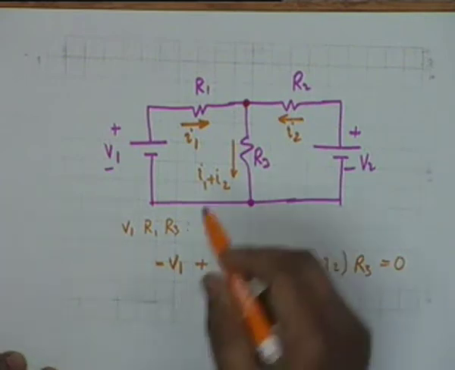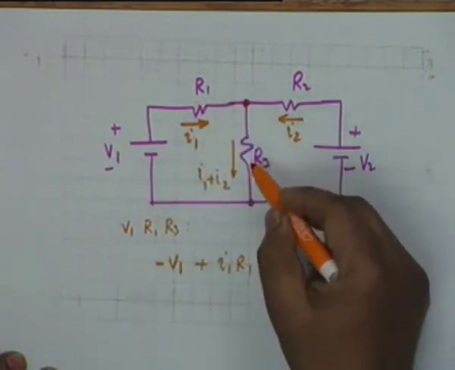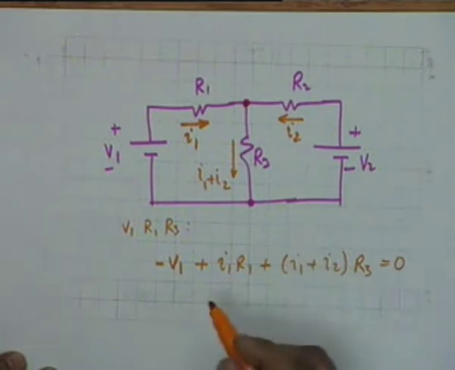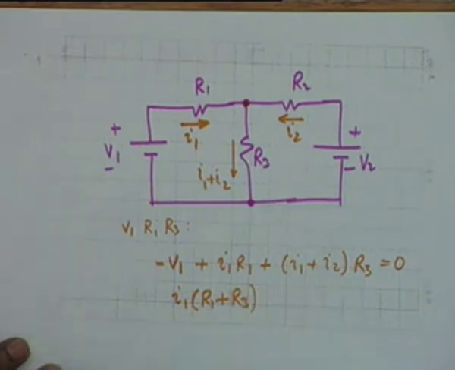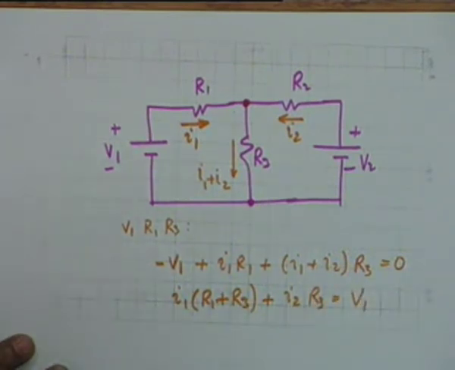This is the application of KVL around this loop V1 R1 R3. Is it okay? I can write it in a slightly different manner, by simplifying: I1 (R1 plus R3) plus I2 R3 is equal to V1.